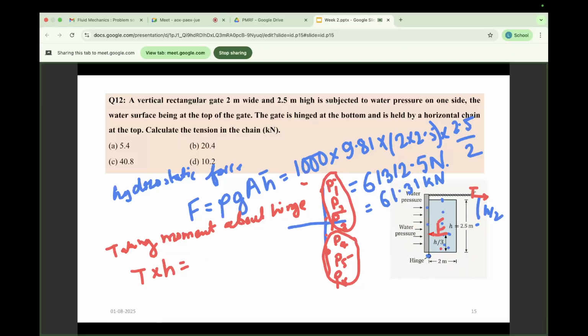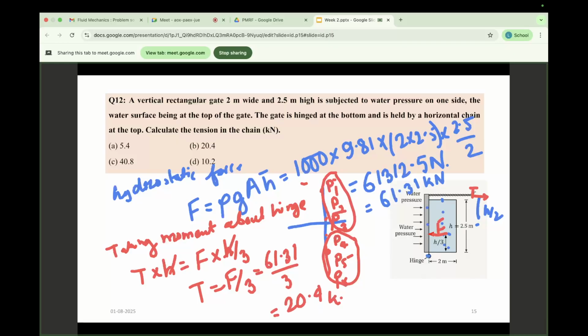And another force is F. That F is at how much distance from this hinge? h by 3. So I equate these two. I cancel h, so T equals F by 3. What is F given here? It is 61.31 by 3, so basically it is near about 20.4 kilonewton. So that is option B.